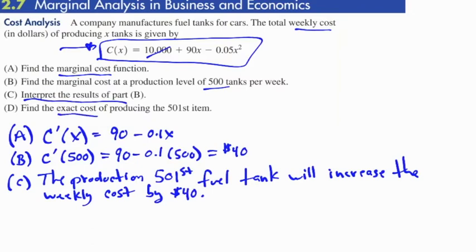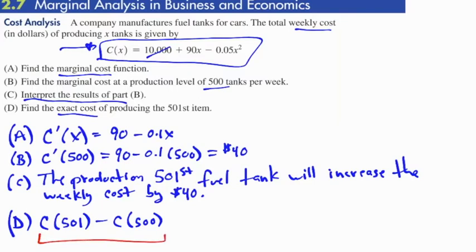Finally, Part D asks that we calculate the exact cost difference for the 501st item. And here that means we're going to calculate C of 501 minus C of 500. Again, I want to emphasize these are not the derivative functions. This is the original cost function.